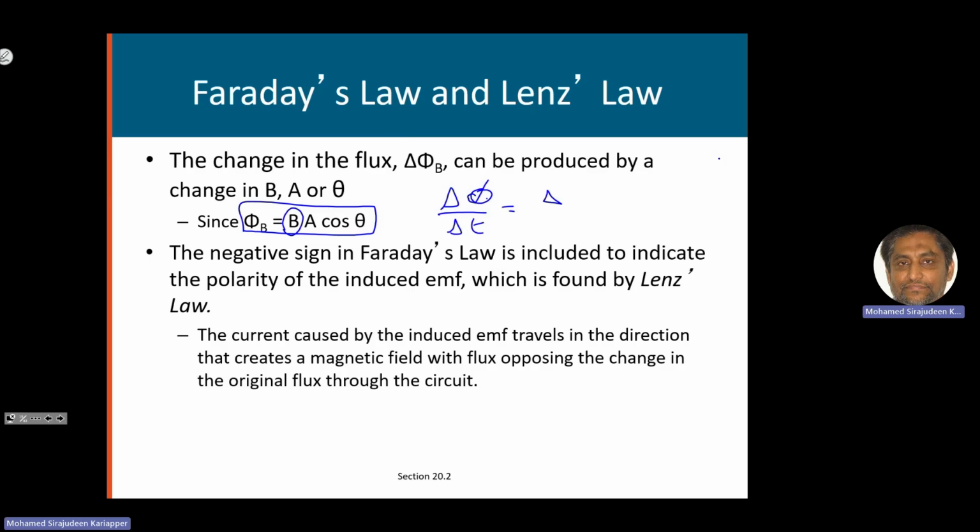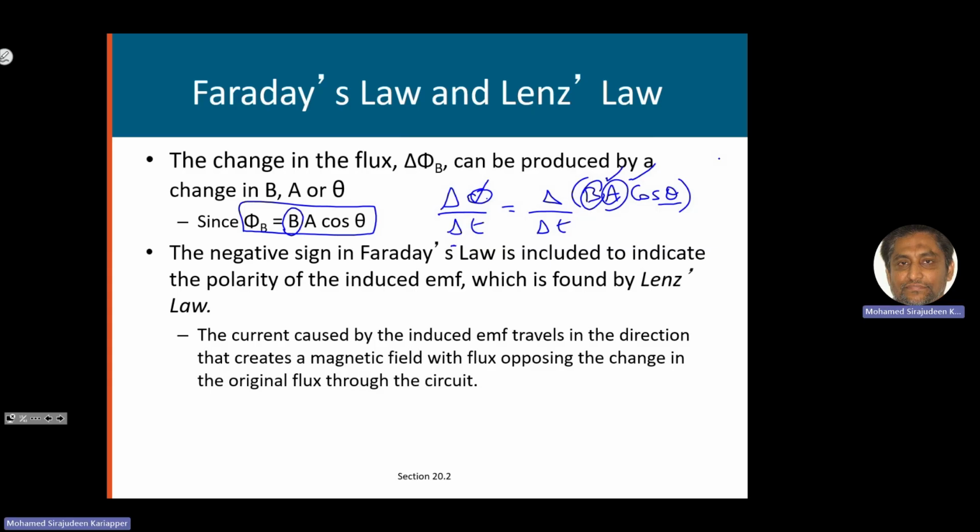If I expand it, because B changes, the flux can change. Because A is changing, the flux can change. You can also change it by changing the angle. So there are 3 ways by which we can have a change in the flux.